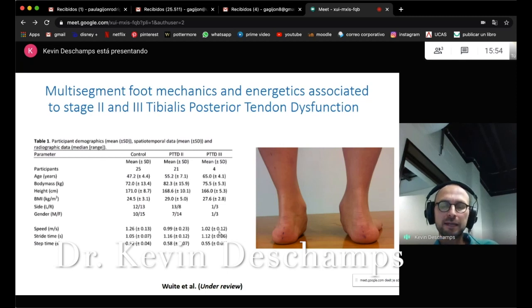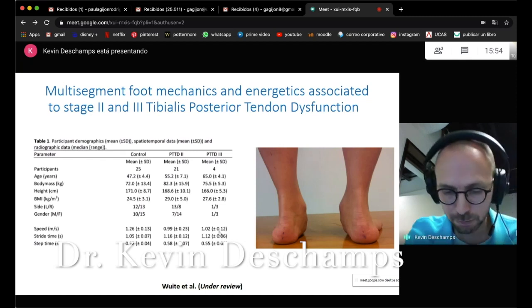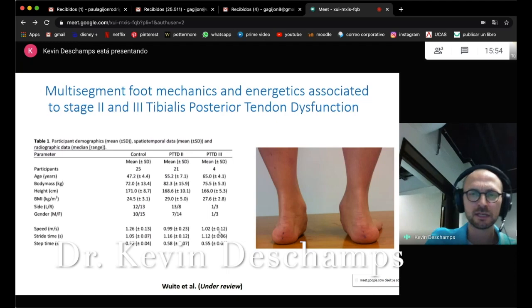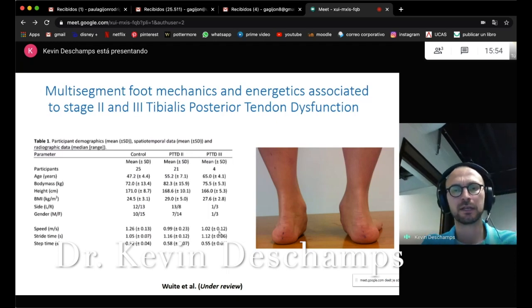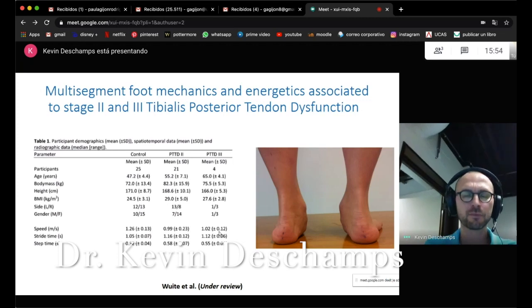On the other hand, regarding another pathology which is commonly seen in our podiatry practice, tibialis posterior dysfunction: here also in our orthopedic unit, we recruited, next to a control group, a group of patients with tibialis posterior dysfunction stage 2, as well as a small cohort of stage 3.